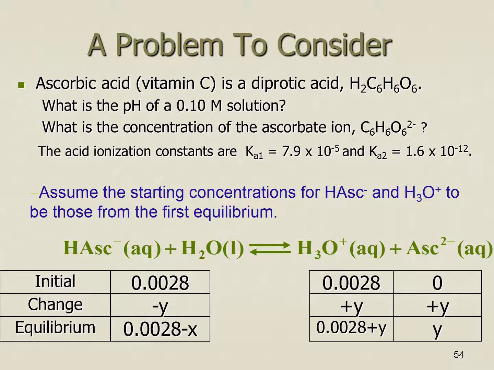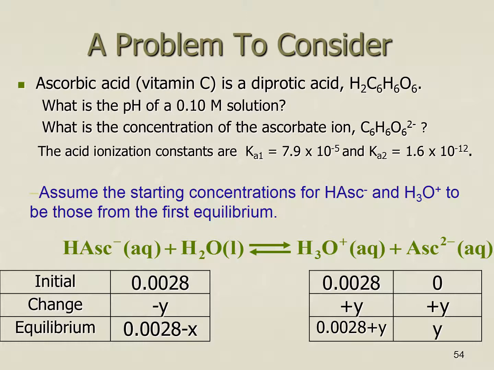So this is the first time that we see something on the right hand side, because H plus is already around from the first step. So notice that that's 0.0028. But the ascorbate has not appeared yet, and so it's still 0. Now we're going to call this equilibrium, like I said, Y, just to make it different from the last one.